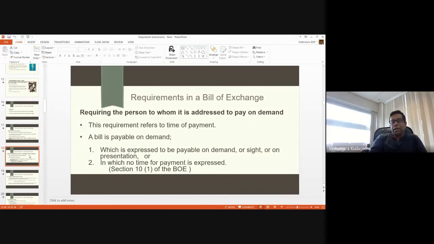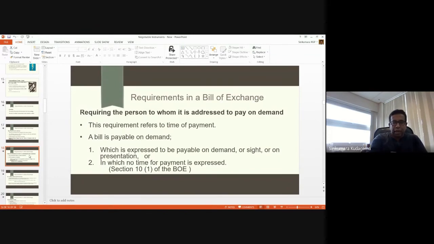Requiring the person to whom it is addressed to pay not only on demand, but on three different alternative instances. One is pay on demand, or pay at a fixed time, or pay at a determinable future time, right? The requirement refers to the time of payment.